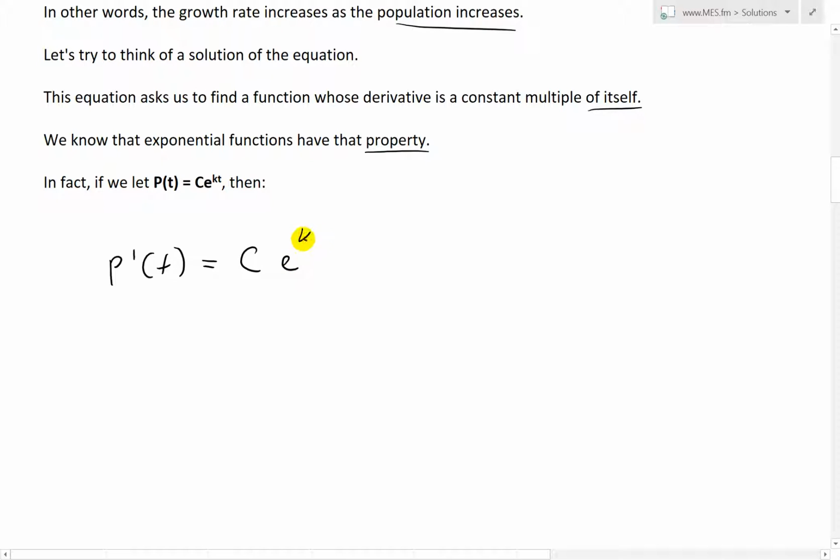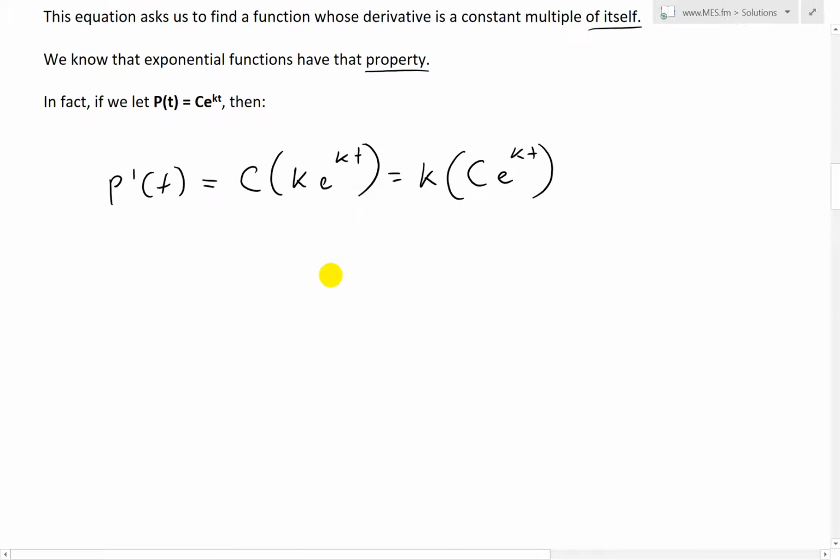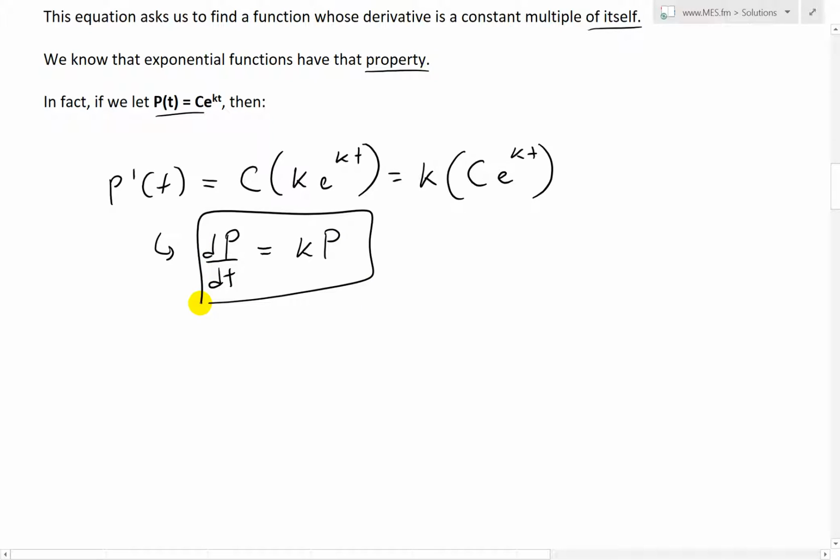We'll have e to the kt, and then using the chain rule, we add the k in front: k e^(kt). Putting the c inside, we have k c e^(kt). In other words, dp over dt, that's p prime of t, equals k c e^(kt), which is just equal to k times p of t. So there you go, that's a solution to this differential equation.